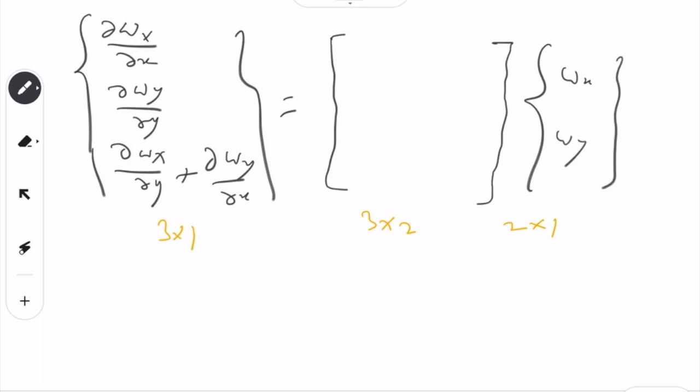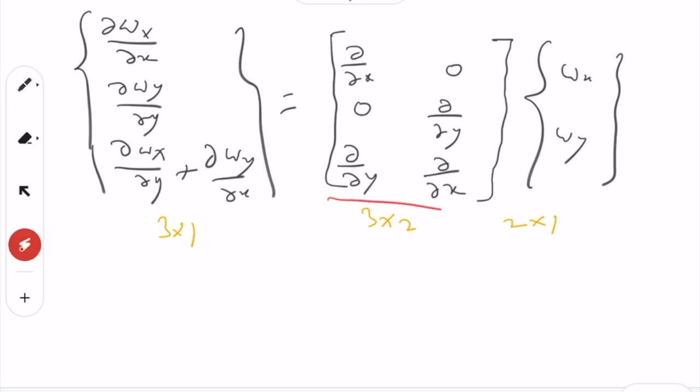And here we will have del over del x, 0, 0, del over del y, and then del over del y, del over del x, and this we called del s. So if you look earlier, this we have called del s tilde.